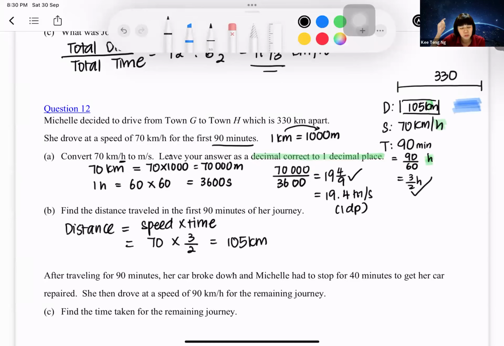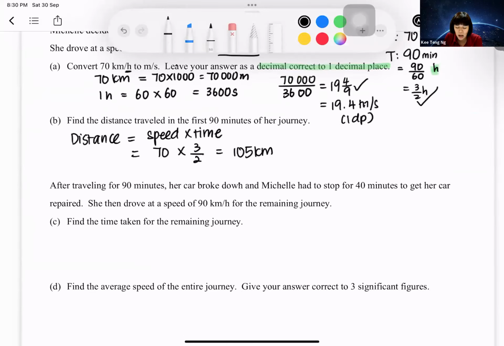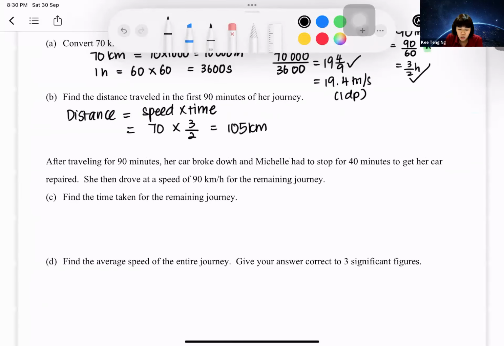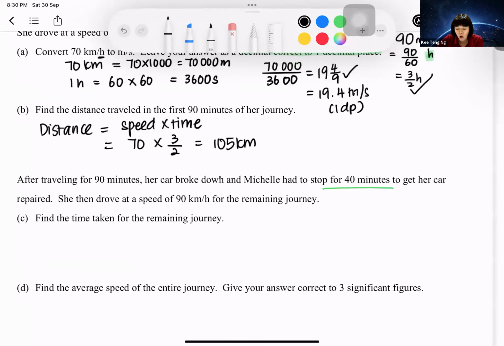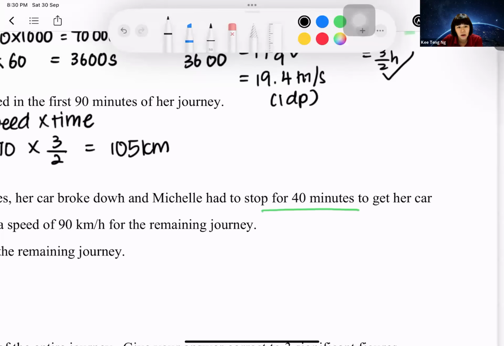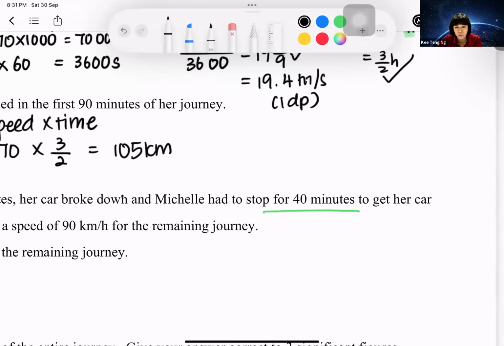Okay, so you need to realize that I need to update my information. So after traveling for 90 minutes, her car broke down, unfortunately. She had to stop. She stopped for 40 minutes. Again, this one is in minutes. All my measurements for timing are currently in hours. What am I going to do to 40 minutes?